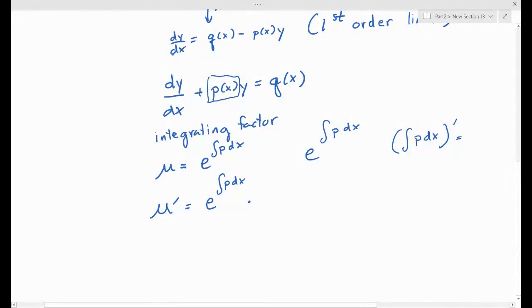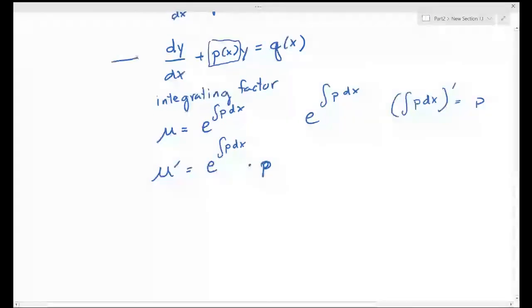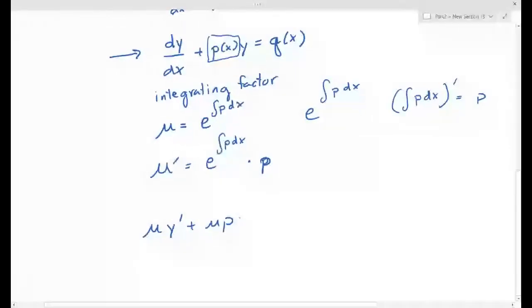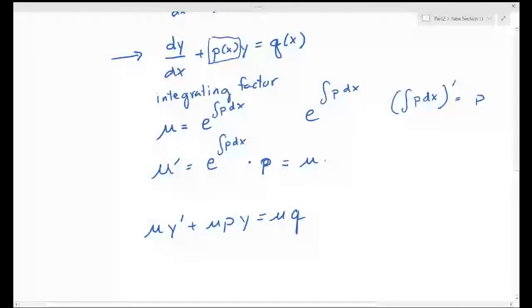You just get rid of the antiderivative, so you just get p. And once you have the integrating factor, its job is to multiply both sides of the original differential equation. And so what you want to notice is that this over here is exactly mu prime.